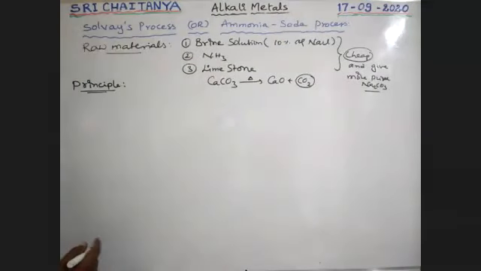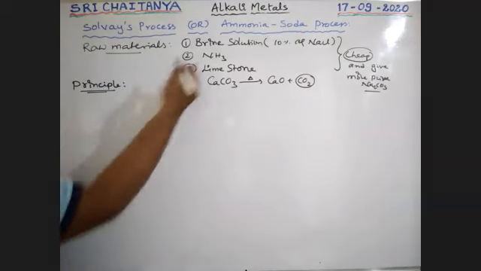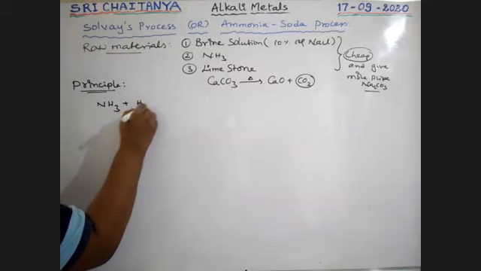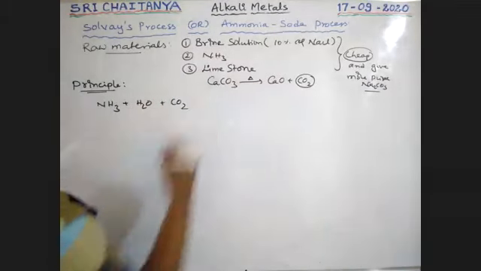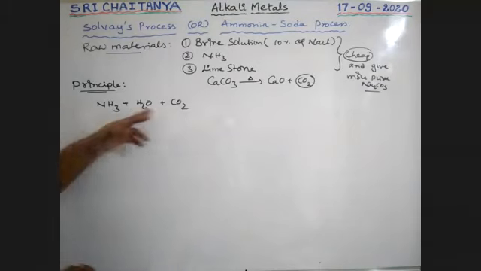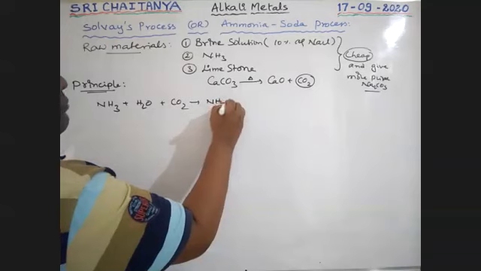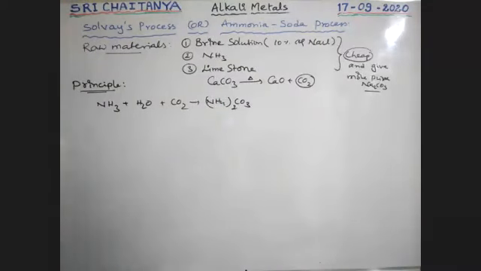See here, what are the reactions? Ammonia first of all reacts with water, that is from aqueous NaCl, and this liberated CO2 gas. By the combination of these three, that gives first of all ammonium carbonate, (NH4)2CO3.